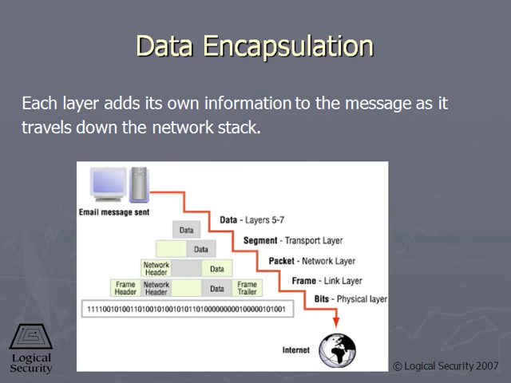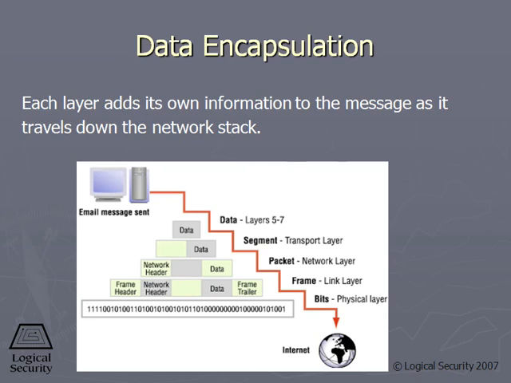And the reason it does this is because, let's say you send the email to me, once the frame gets to my computer, it has to do the opposite of that. So at the data link layer, that protocol is going to take the header off, the trailer off, and know how to process the data and know what protocol to put it up at the next layer. Then the next layer's protocol is going to take the header and trailer, and those are instructions. Really, when you say that a header or a trailer is being put on a packet or a frame, those are instructions.